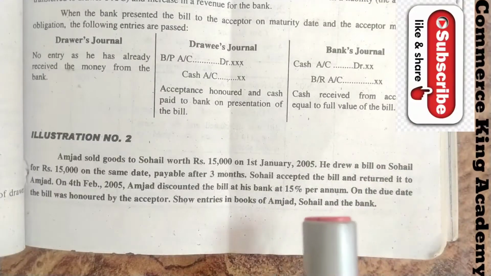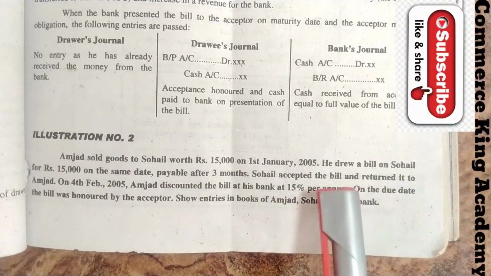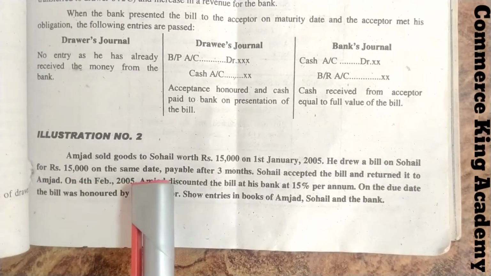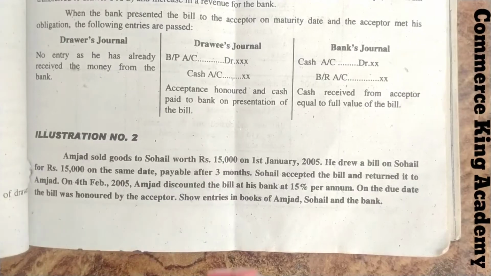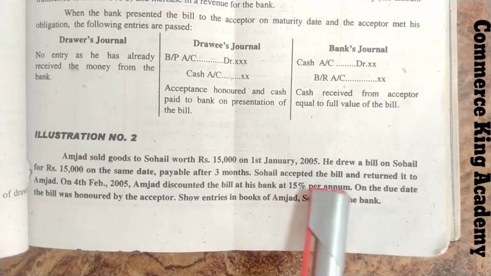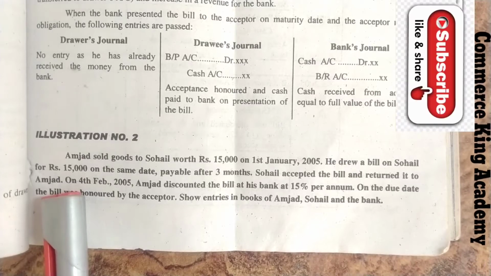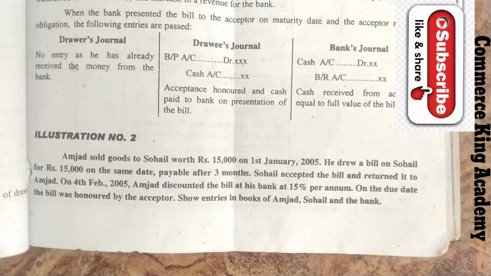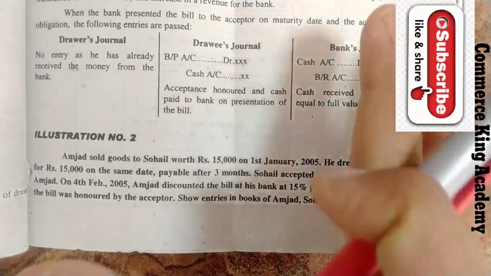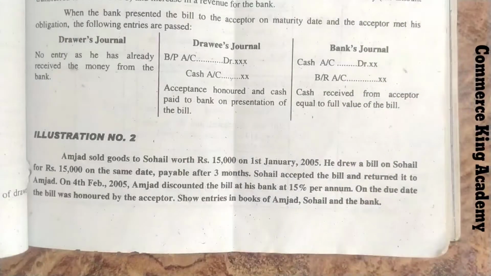So after making the transaction between each other, the next point is he drew a bill on Sohail for rupees 15,000 on the same date, payable after 3 months. Sohail accepted the bill and returned it to Amjad. Don't forget this point: returned to the drawer by the drawee when the drawee makes his signature and stamp on the face of the bill of exchange.